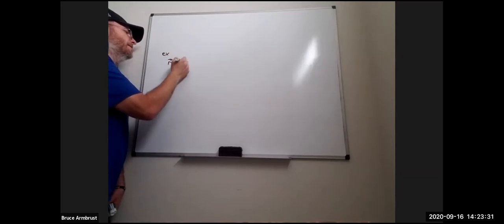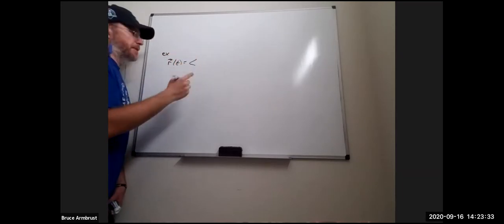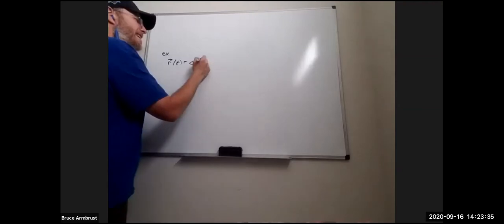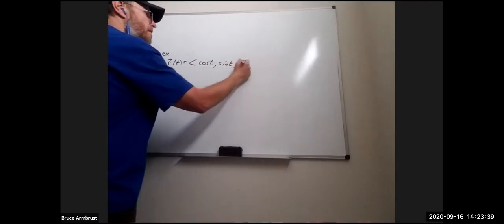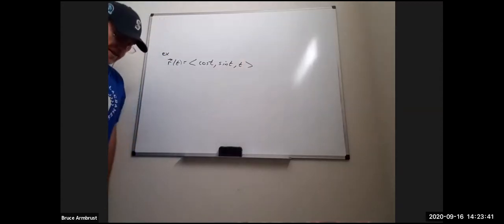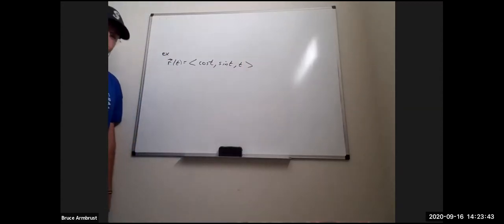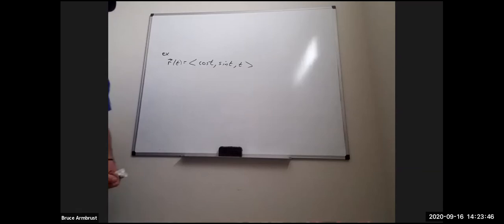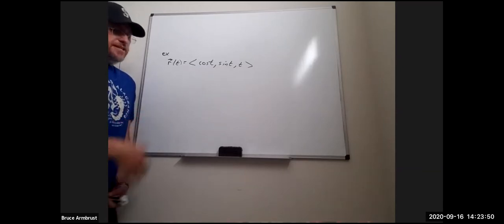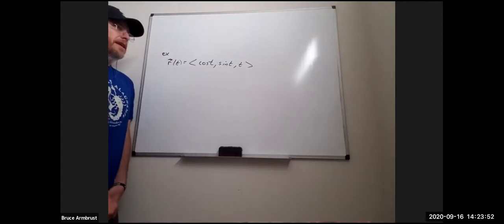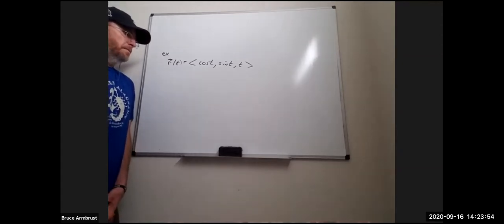This is probably a similar example to what they do in the book, because this is the easiest one to picture. Let's just say that we've got this as our vector valued function. Let's look at each component and see what they're individually doing.